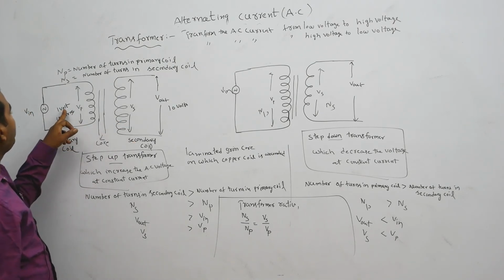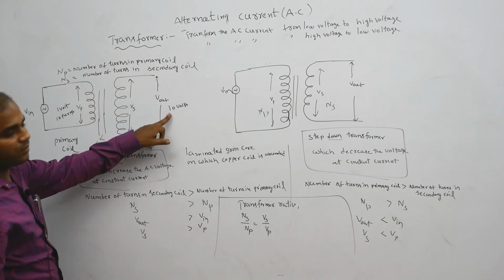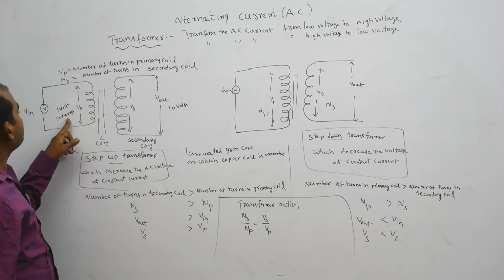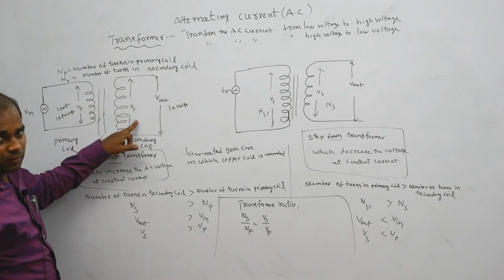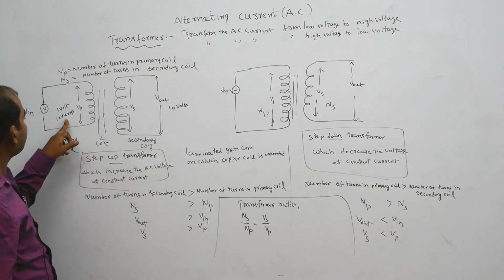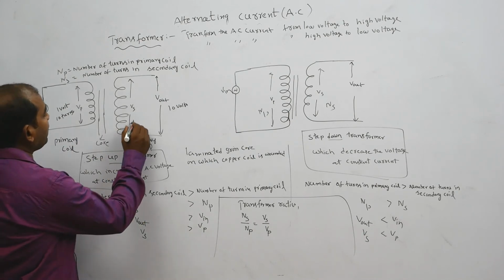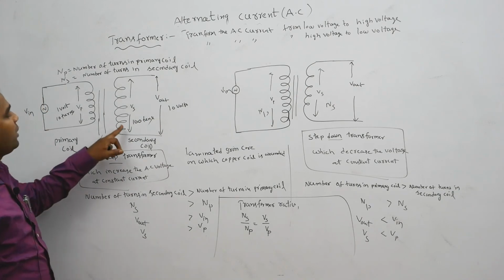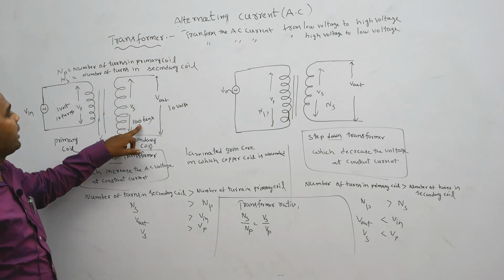The voltage increases by 10 times, so the turns also have to be more in the secondary. Here 10 turns means it has to be 100 turns.